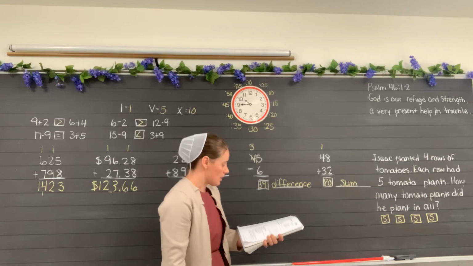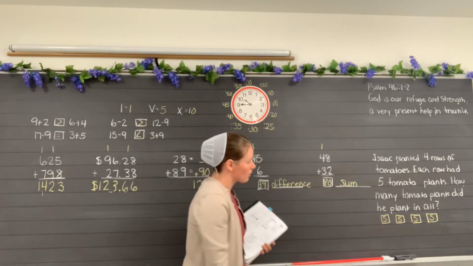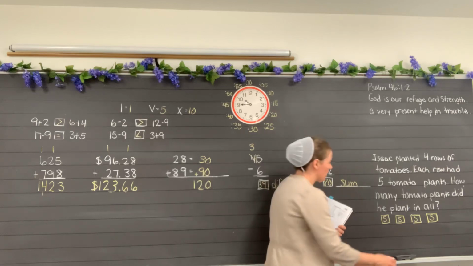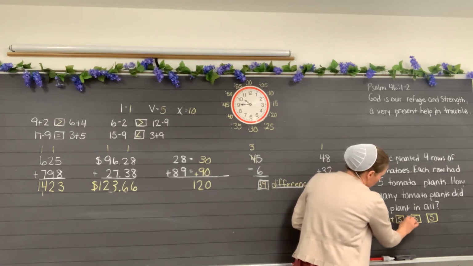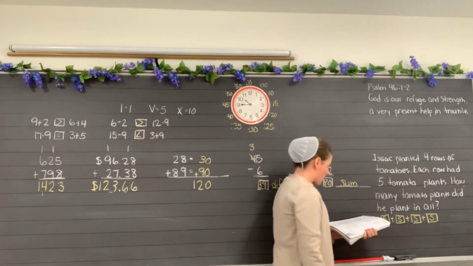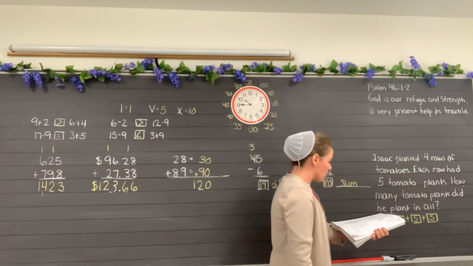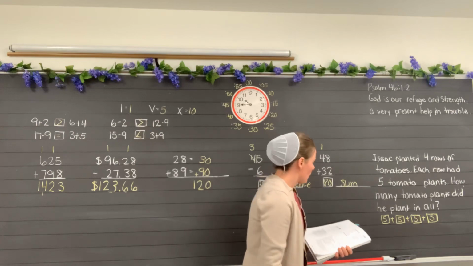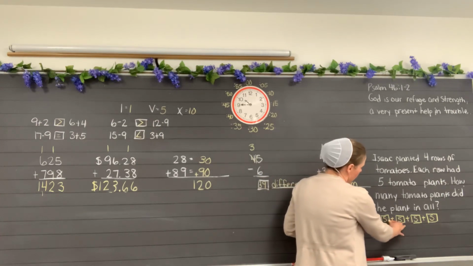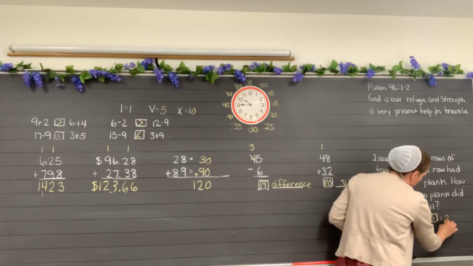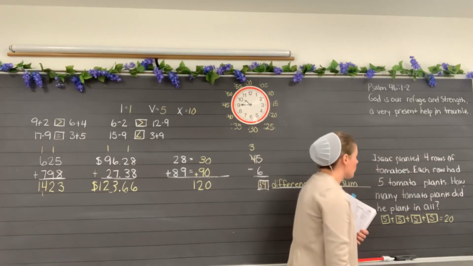Then we will put an addition sign between each box because we have "in all" as our keywords here, so we need to add. So we'll put an addition sign between each box, and then we will add all the numbers, and we'll write the answer and the label. So 5 plus 5 plus 5 plus 5 equals 20 plants.